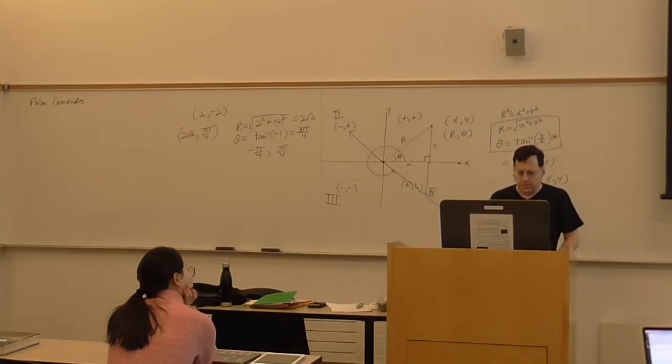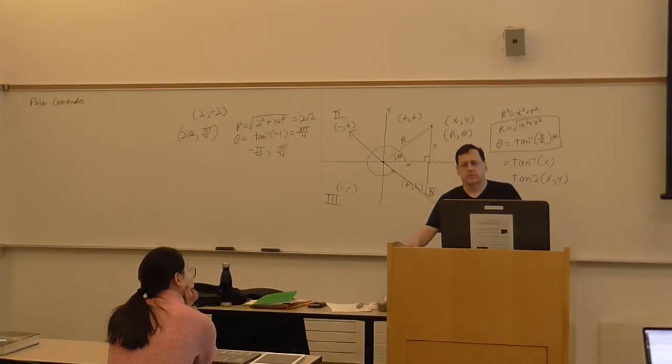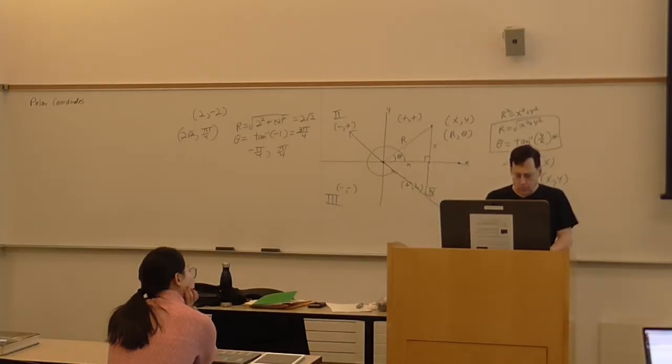I guess we should wonder here, what if I say r is 3 sine of theta? Okay, that's a circle too, but now it's oriented a little differently. What if I were to add something to this function?